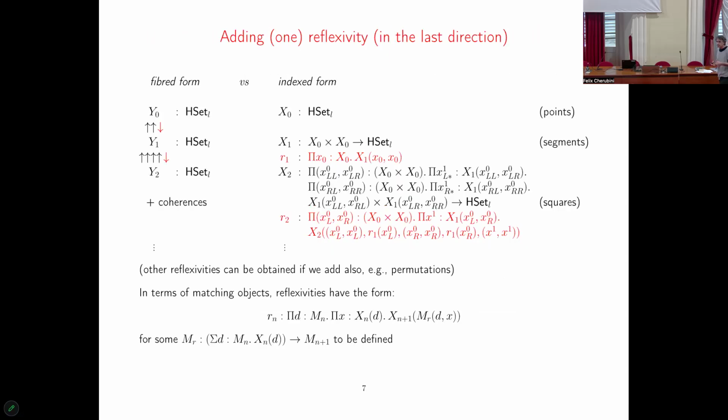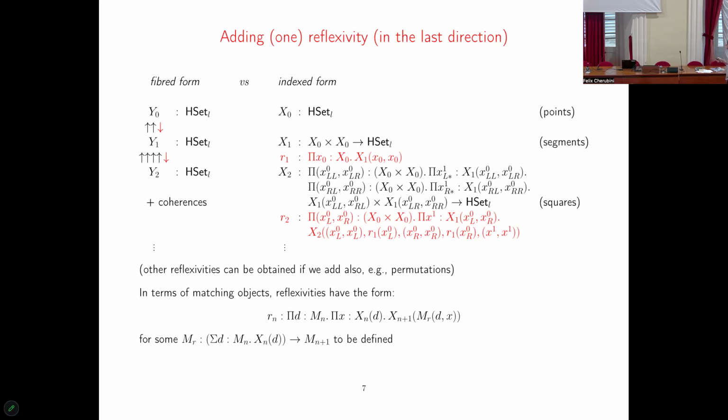We added only one degeneracy in the last direction because it's simpler. But then you can add permutations. There is a recipe to add permutations, and you will get the other degeneracies.